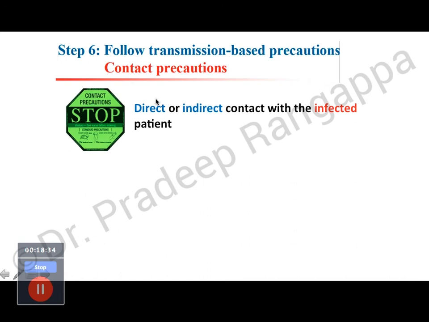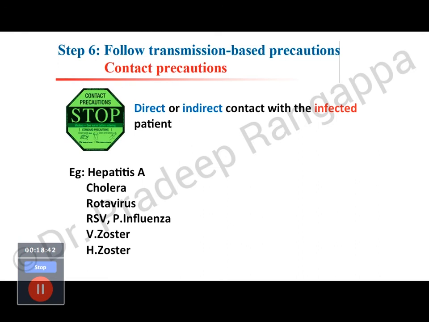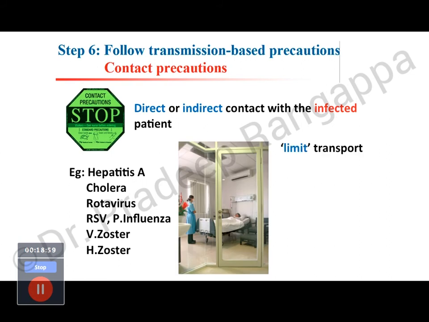So step 6 is contact precautions. Any direct or indirect contact with the infected patient has to be curtailed as much as possible. And the infections that mandate contact precautions are hepatitis A, cholera, rotavirus, varicella zoster, herpes. So all these need contact isolation, and varicella zoster and herpes zoster also need airborne precautions and isolation.